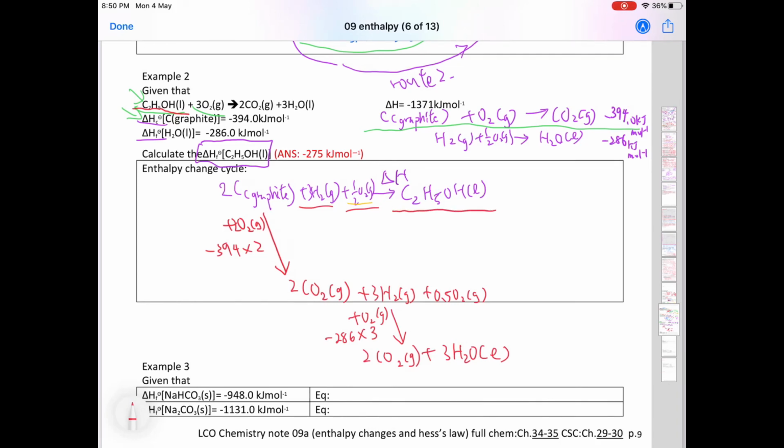And then if you now check the first information, C2H5OH is on the product side of our target equation, and then to form 2 CO2, 3 H2O, what we need is this 3 oxygen gas, and the corresponding enthalpy change is negative 1371 kilojoule per mole. Is it okay?